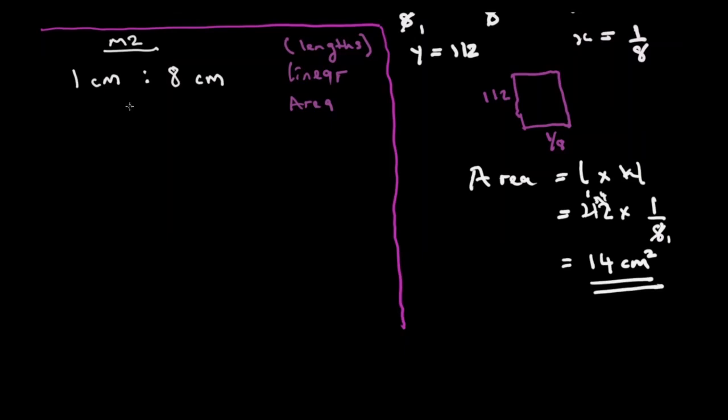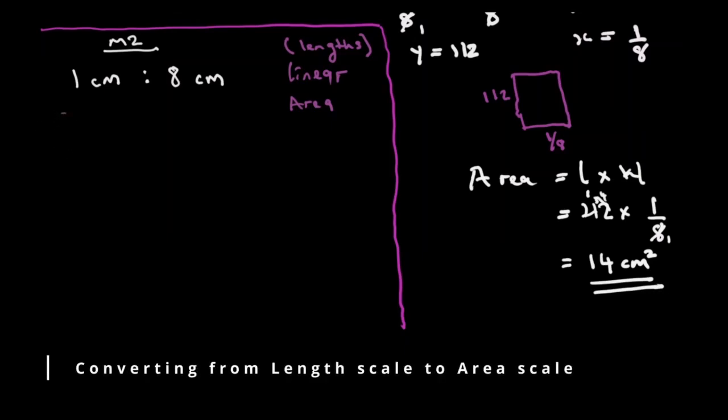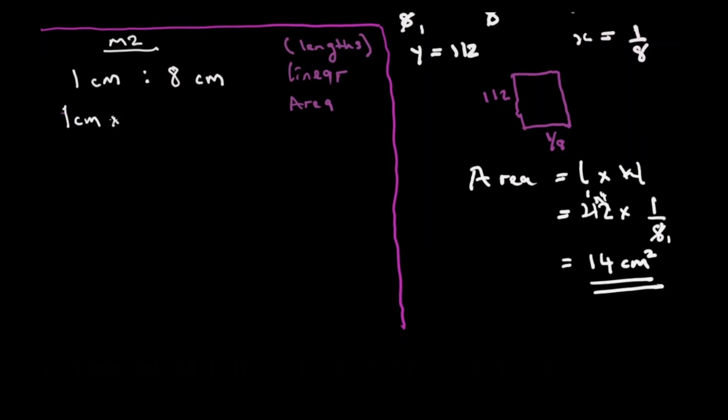We now need our scale to represent area. So we are going to multiply: 1 centimeter multiplying 1 centimeter, and 8 centimeters multiplying 8 centimeters. 1 centimeter times 1 centimeter is 1 centimeter square. 8 centimeters times 8 centimeters is 64 centimeter square.